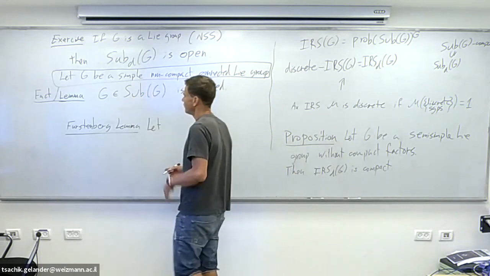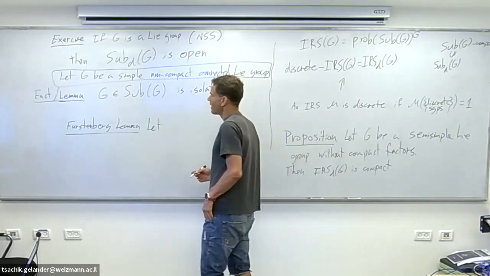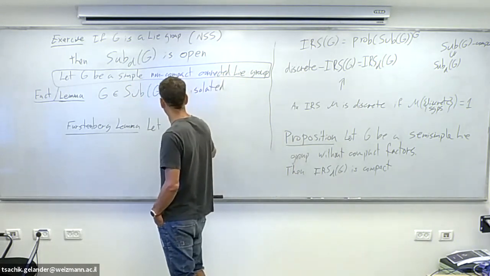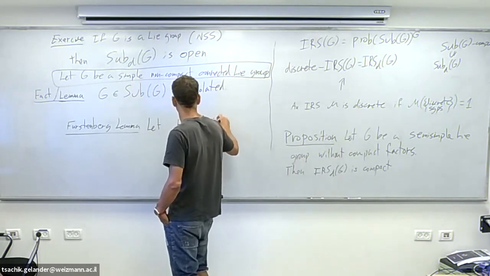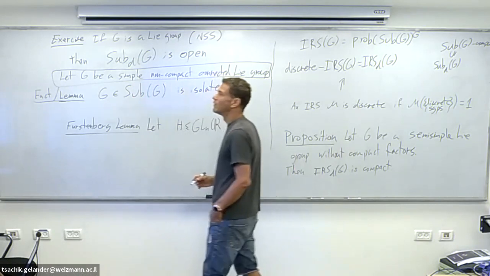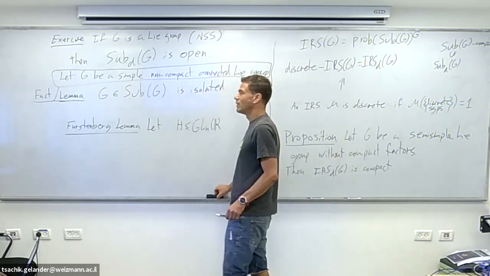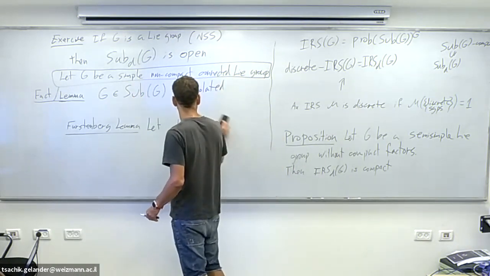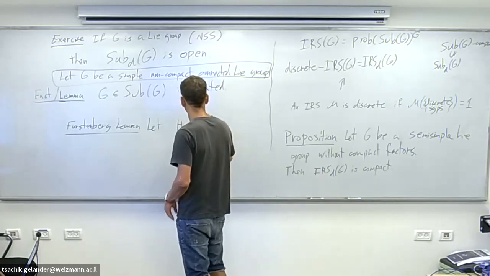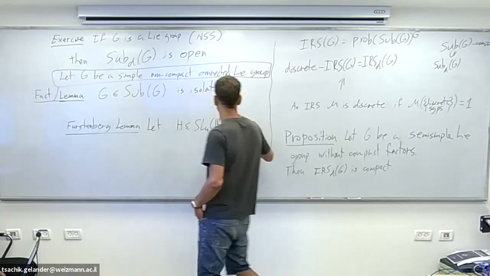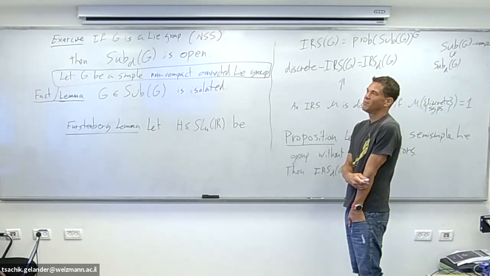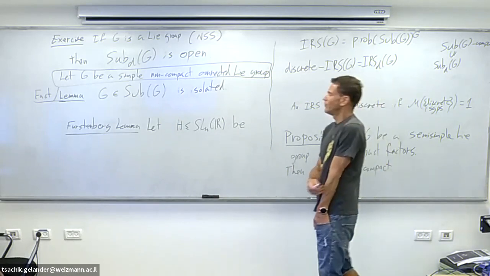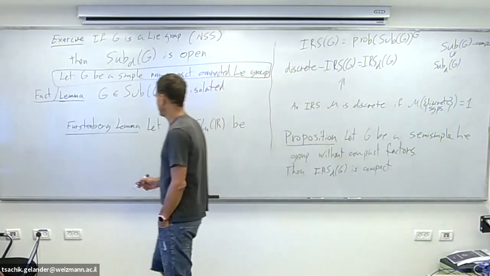Let H inside GLNR, say SLNR, be, if you want the minimum assumption, non-compact.